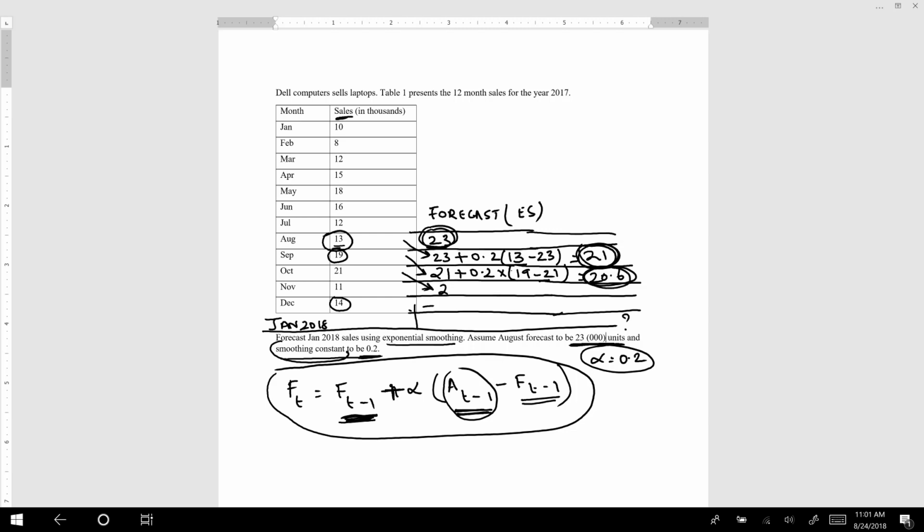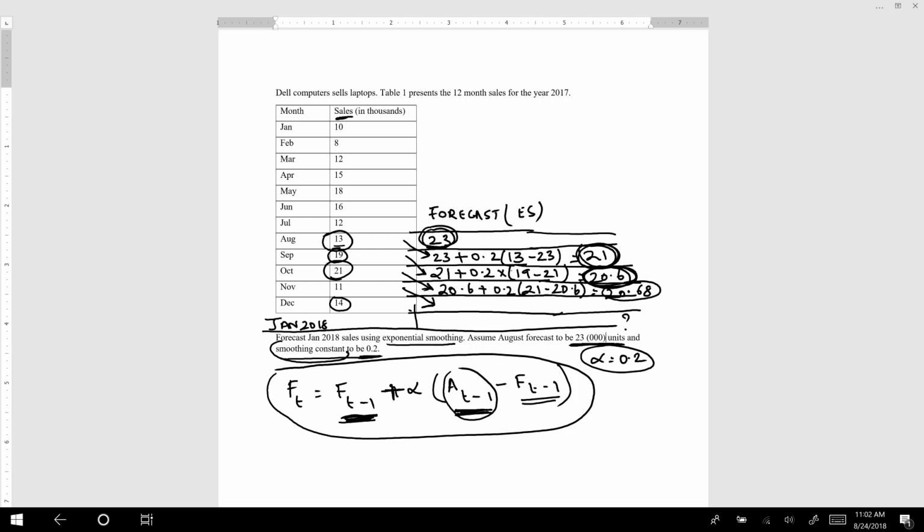So that's 20.6 plus 0.2, the smoothing constant, multiplied by A of t minus 1, which is October's actual value, 21, minus the forecasted value, that's 20.6. So this is going to give us 20.68.